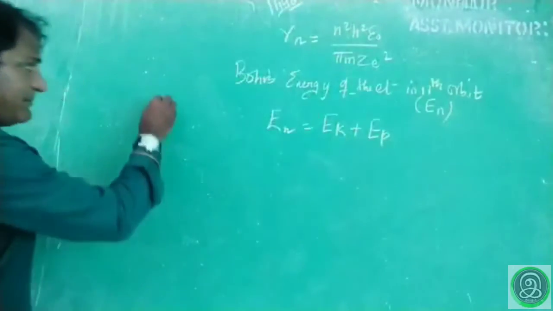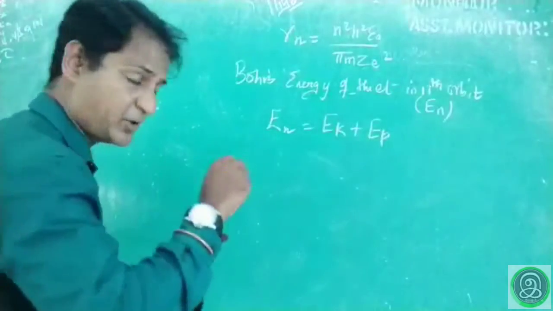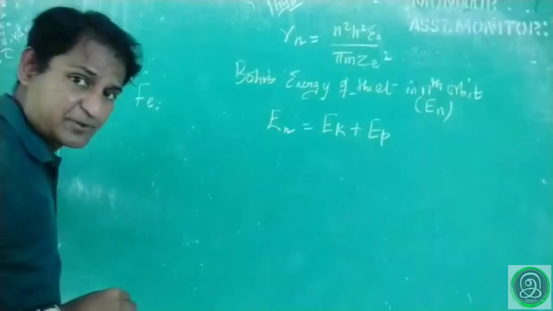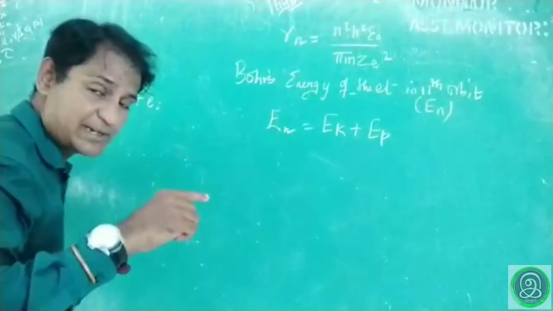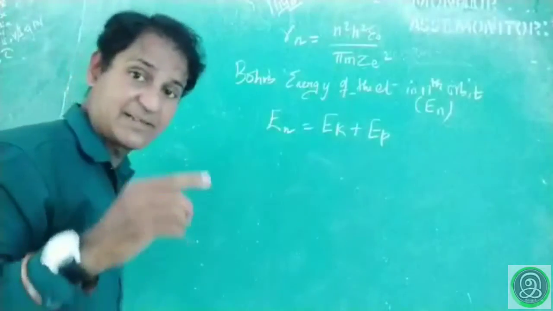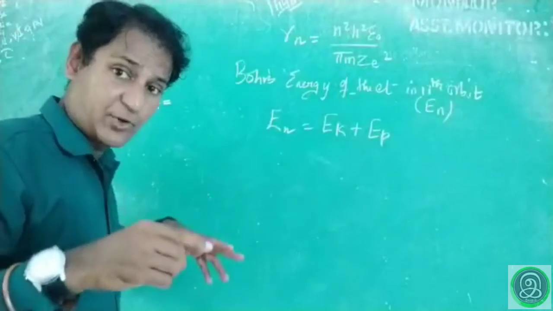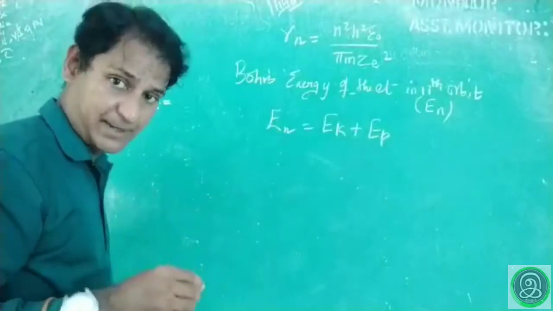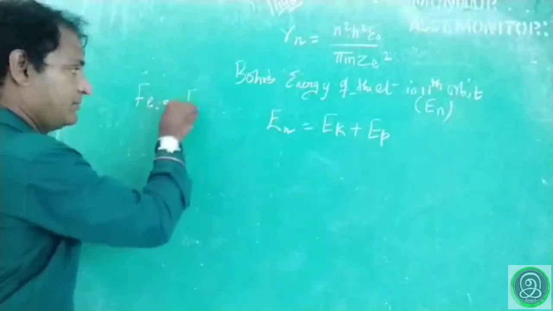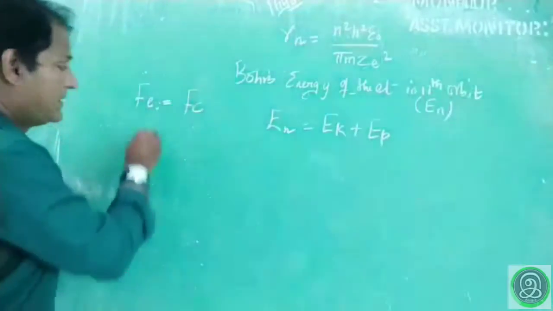To find the kinetic energy, we have seen in the Bohr's radius of nth orbit equation that the electrostatic force of attraction between the nucleus and the electron provides the necessary centripetal force for the electron to move in a circular path. So electrostatic force of attraction is equal to the centripetal force.